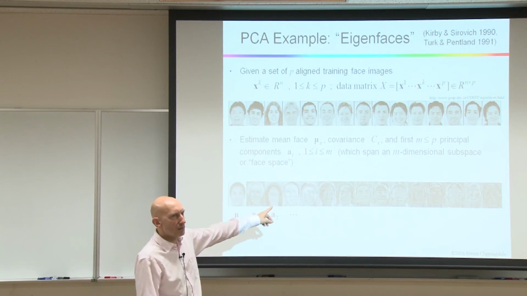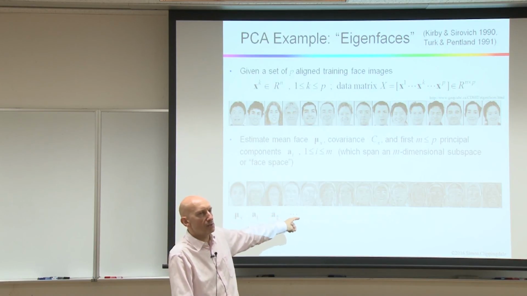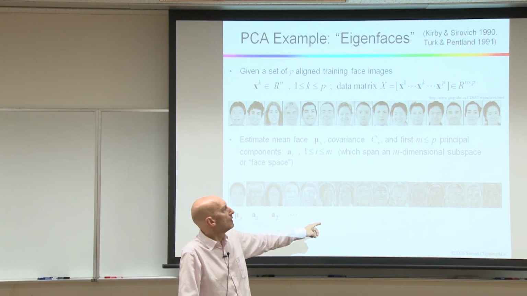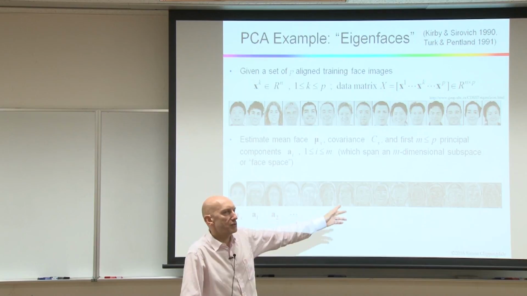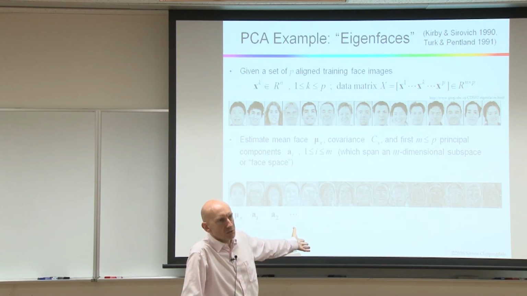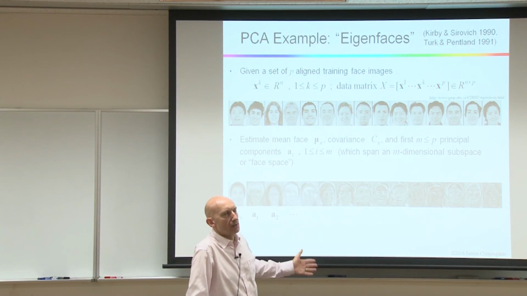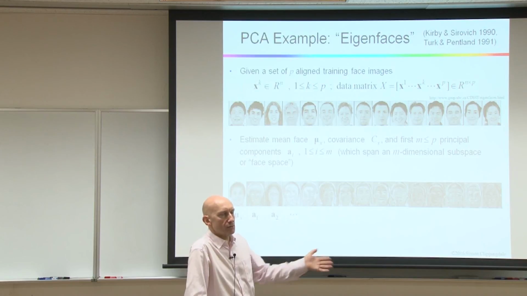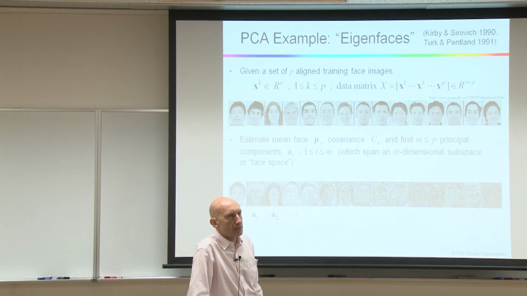So most of these eigen system-based recognition systems tend to use like the top 20 or so eigenvectors. If there are several hundred, we use the top 20 and just ignore the rest because they're not reliable enough. The noise gets bigger.